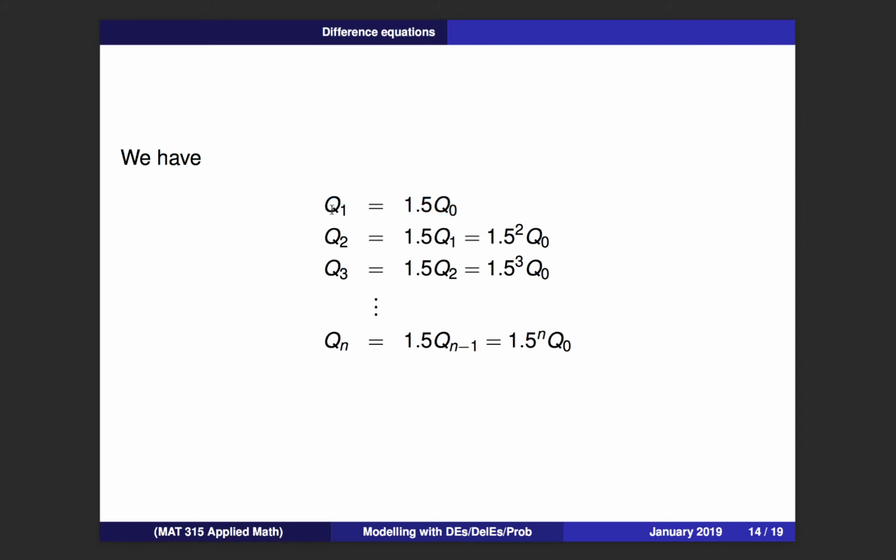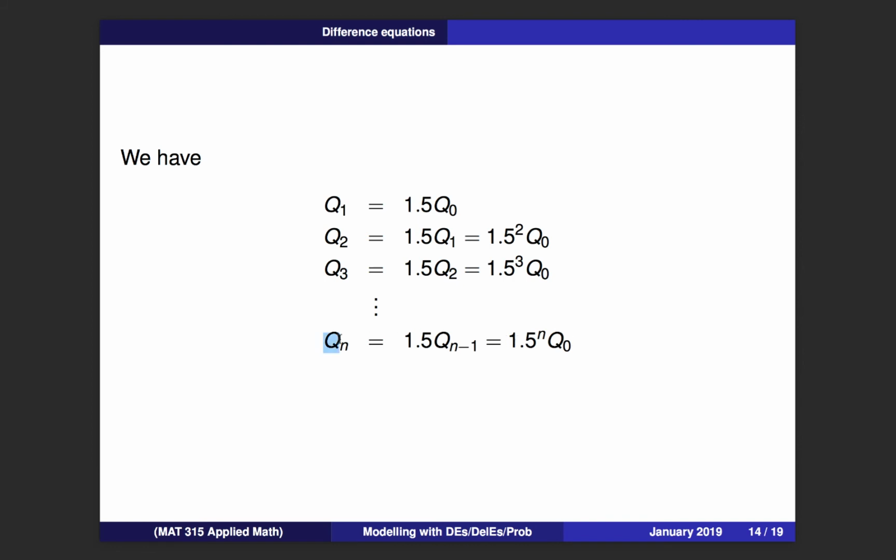On the first, I guess it's day 10, after the first gestation, you've got 1.5 times what you had on the 0th initially. Then you've got 1.5 times what you had on the first, which is just 1.5 squared times what you started with, and so on and so forth. You can see the pattern. If you want to make this rigorous, you would use a mathematical induction proof.